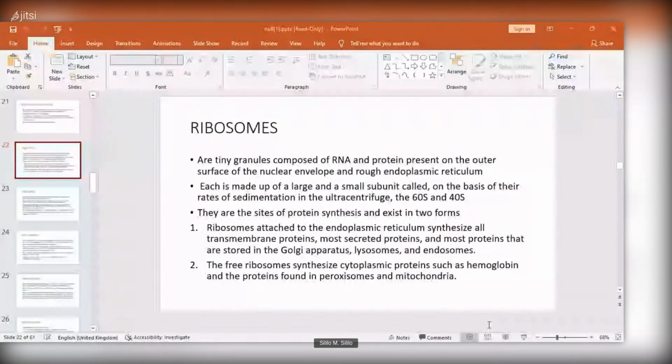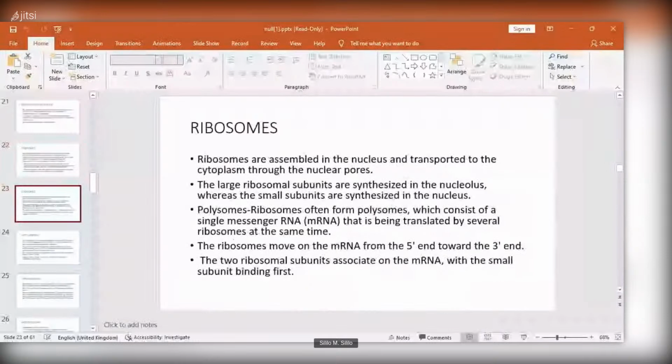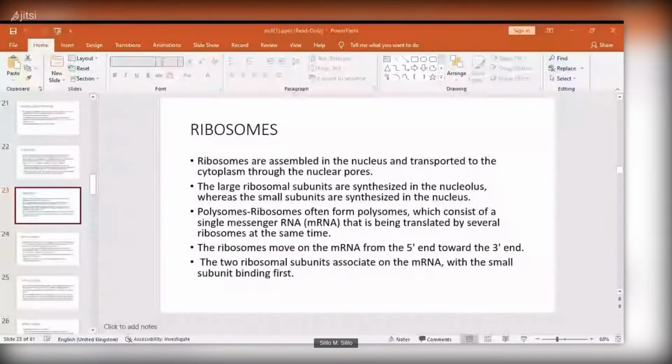This is telling us where our ribosomes are made and how they are secreted. They are assembled in the nucleus and transported to the cytoplasm. How? You have the endoplasmic reticulum, which is attached to your nuclear envelope or your nuclear pores. The large subunits are synthesized in the nucleolus. We looked at that when we were looking at the nucleus.